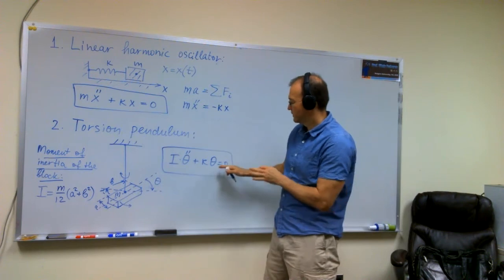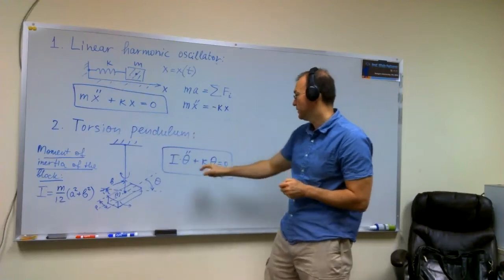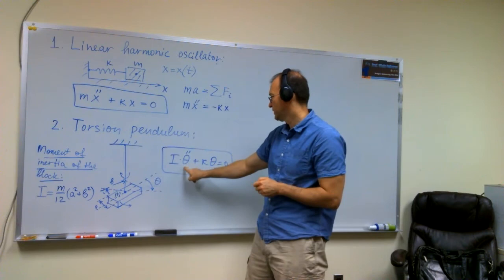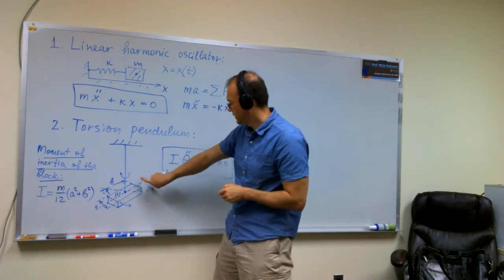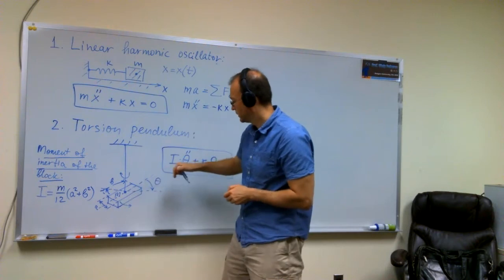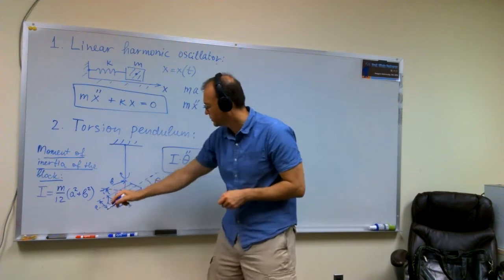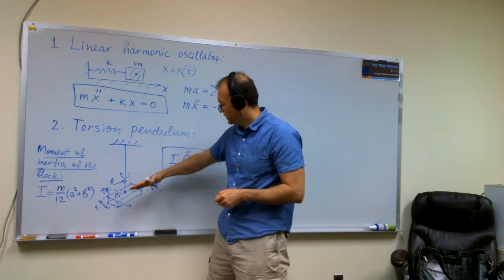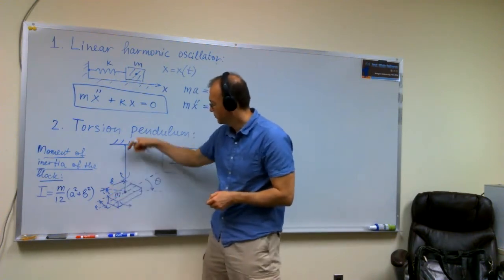This is the same type of differential equation as for the linear harmonic oscillator, right? So the moment of inertia of the block times theta double prime. So theta here is the angle of rotation. If I draw this dotted line, parallel to the axis of the block, then as the block rotates, this dotted line will be changing its angle in the horizontal plane, the plane perpendicular to the string.